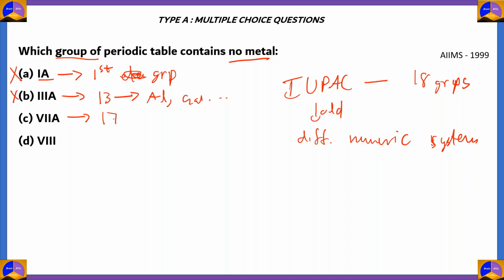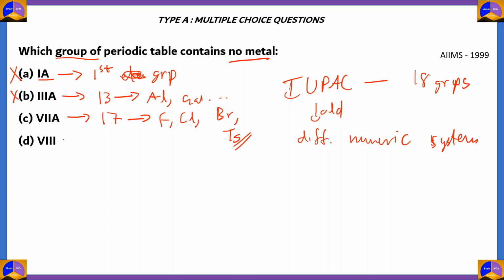Now 7A would represent group 17, which mostly contains halogens such as fluorine, chlorine, and bromine, etc. However, we do not know the state of the element tennessine, which is the 117th element. So therefore, this casts a bit of a doubt.